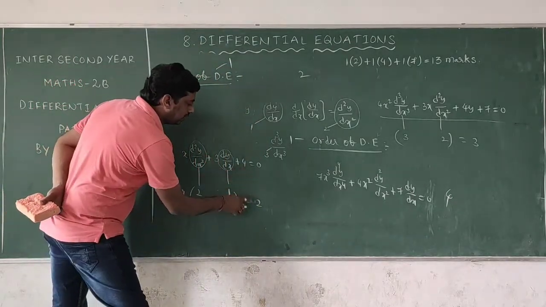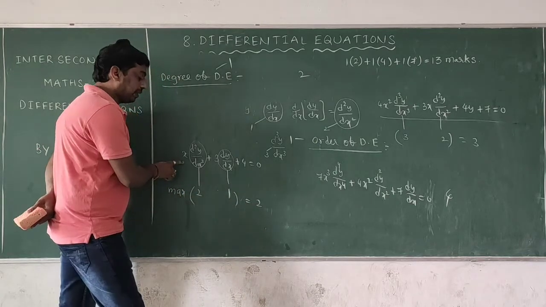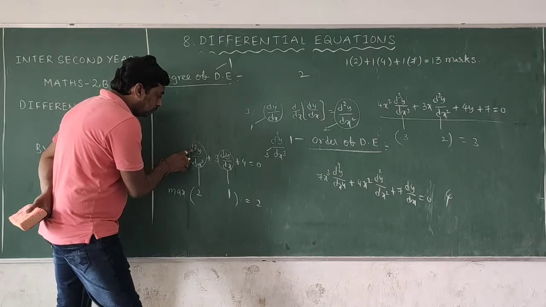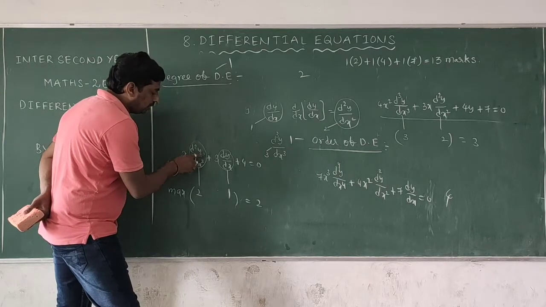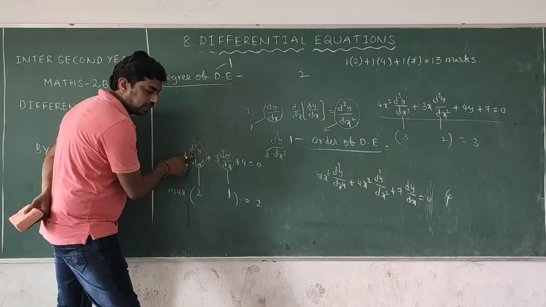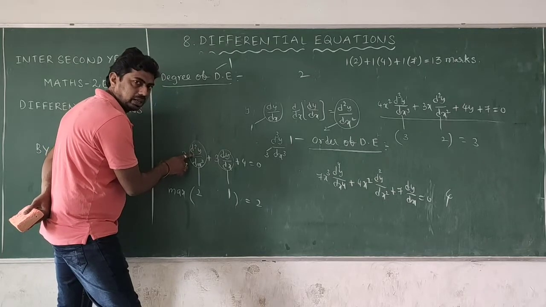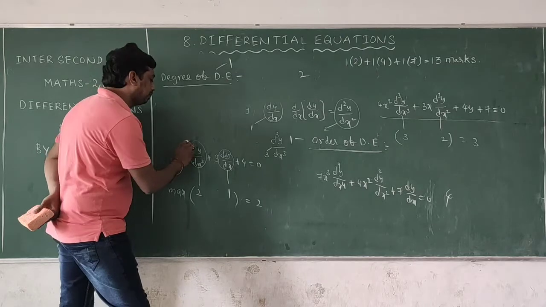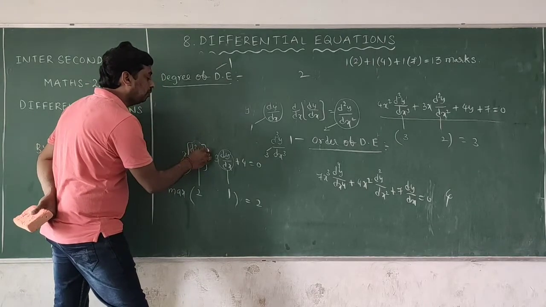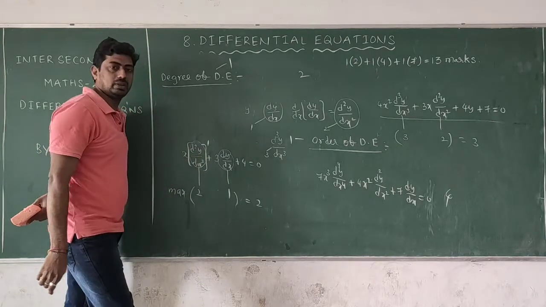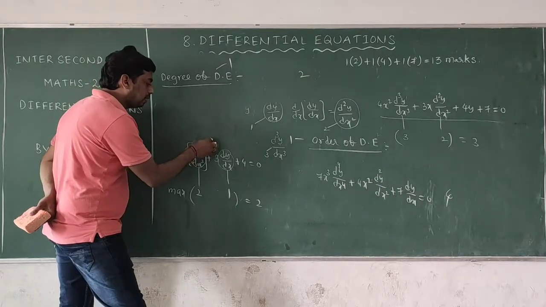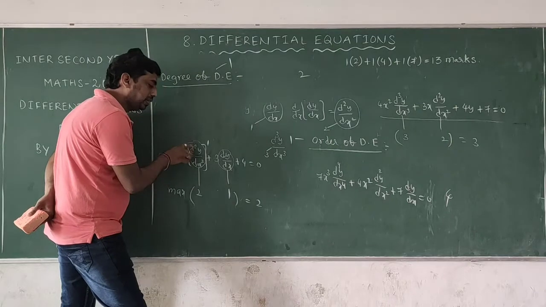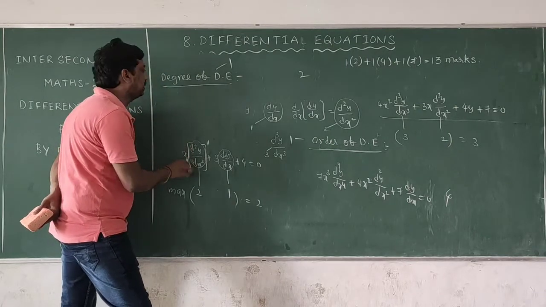Here, what is the order? 2. The order of this differential equation is 2. So the order of this derivative term is 2. This one is the maximum order now. So the power of the maximum order term, how much? There is no power, that's why 1. So the power of the maximum order derivative in the differential equation is called the degree.